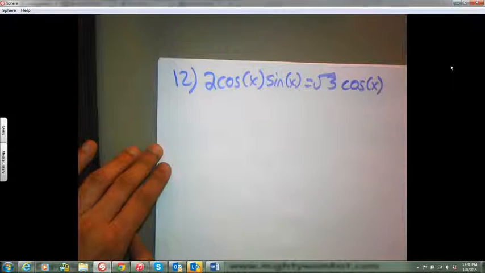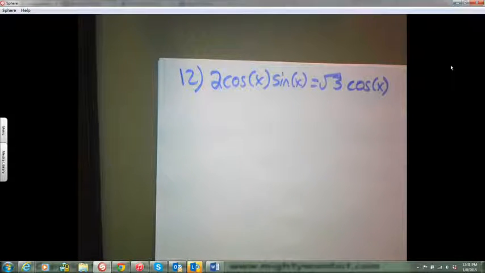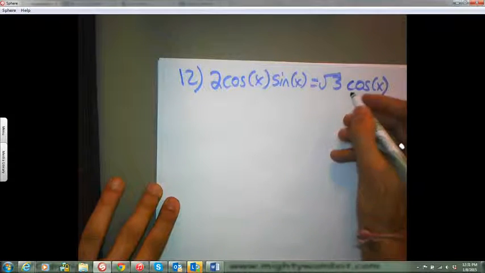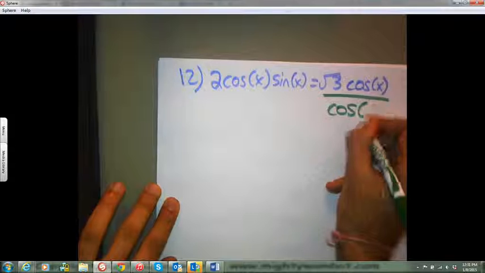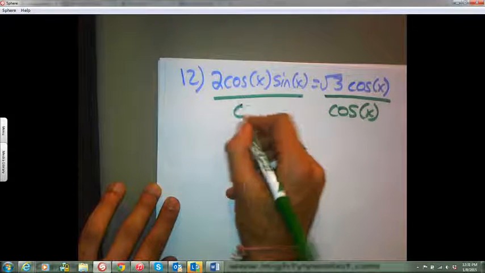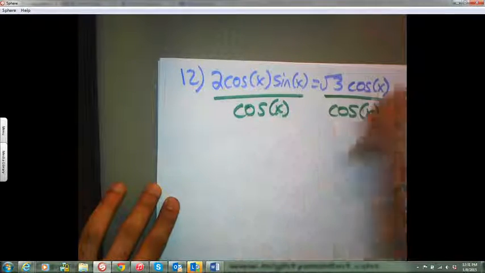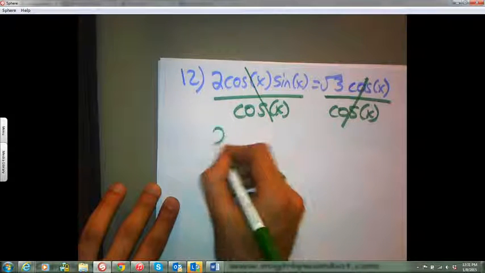What I'm about to do is wrong, and I'm doing it so that you all do not do it. Many people might be tempted to do what I'm about to do. This is wrong, what I'm about to do. Many people are tempted to do this. They're like, oh, I see there's a cosine of x on both sides, let's just divide by it. And they're like, oh, this is a super easy problem, very similar to what we just solved.